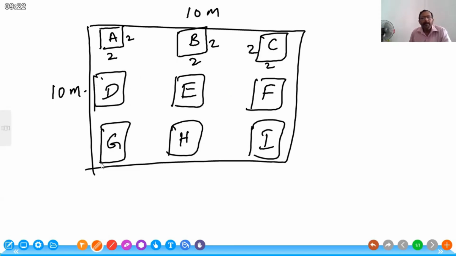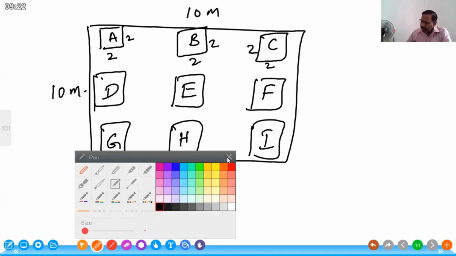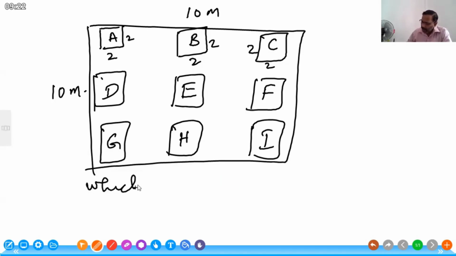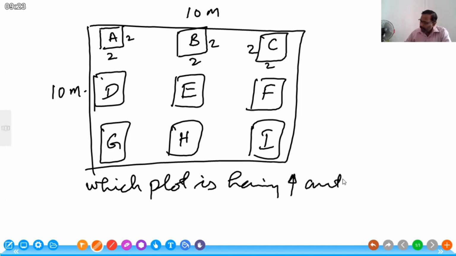Now, my question is, which plot is having a high amount of weeds, or which plot is having a low amount of weeds?